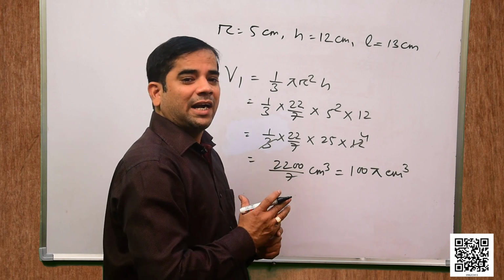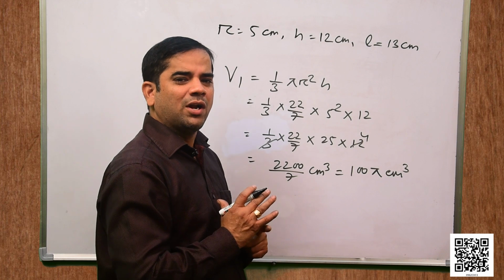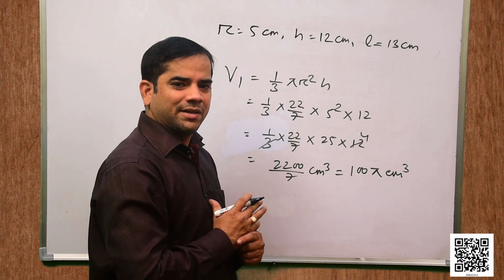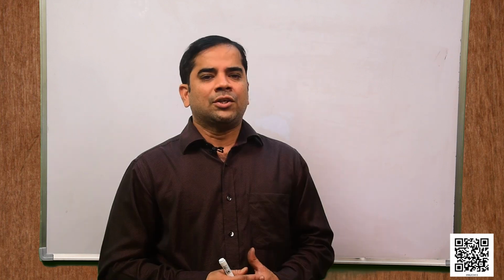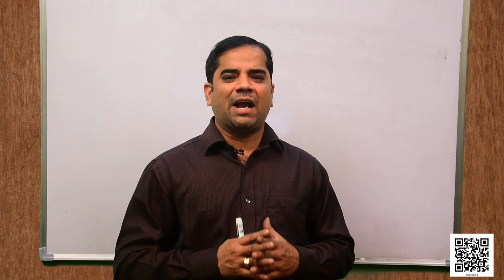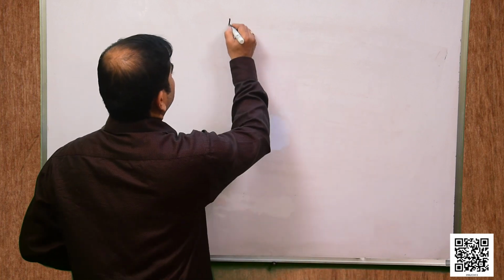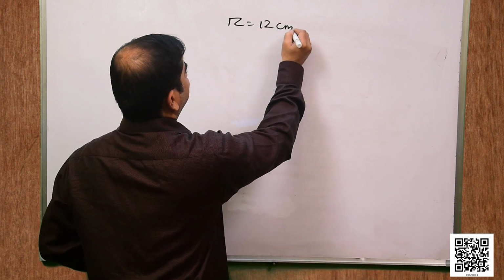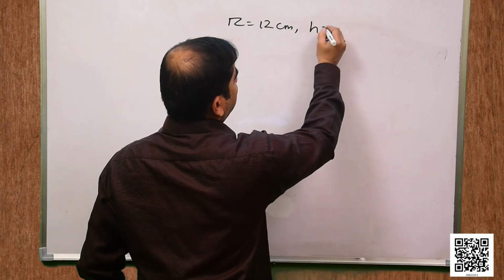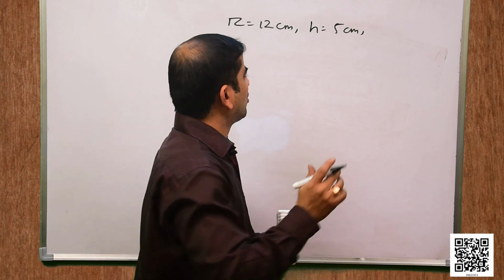So, let us find the volume of the other solid that is going to be obtained when the triangle is revolved about the side 5 centimeter. Okay. So students, when the triangle is revolved about the side 5 centimeter, a right circular cone is formed with radius 12 centimeter. So your height is 5 centimeter and the slant height remains constant.